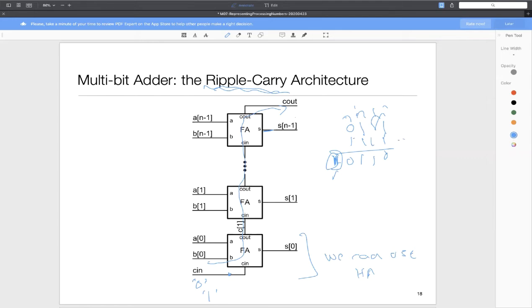Anytime something is proportional to n, in computer science, we say, well, not being very rigid here, that the delay is order n, which loosely speaking means it grows proportional to n. Which is bad because it's probably okay if I'm adding 4-bit or 8-bit, but if I'm trying to add large numbers, then it can be problematic.